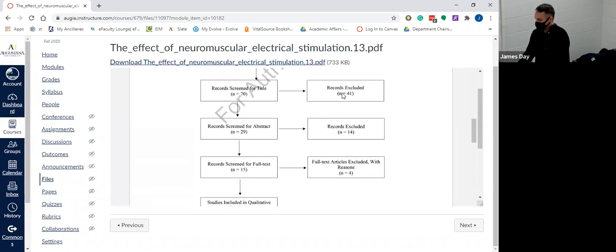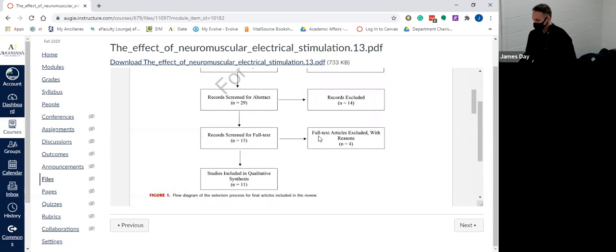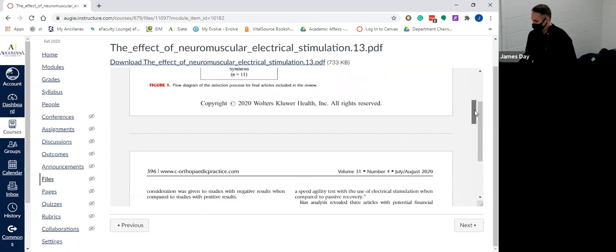Author excluded 41 of the 70 based on title, eliminated another 14 from the abstract, leaving 15 for full text. Of those full text, 4 were excluded, leaving 11 for their review.